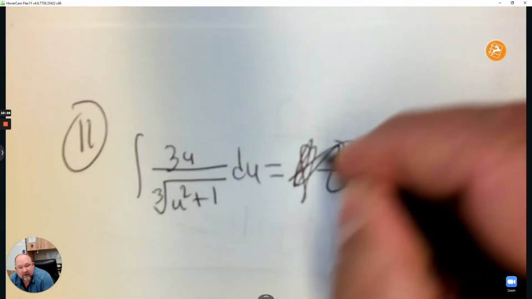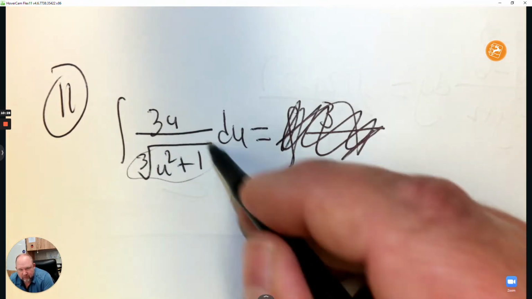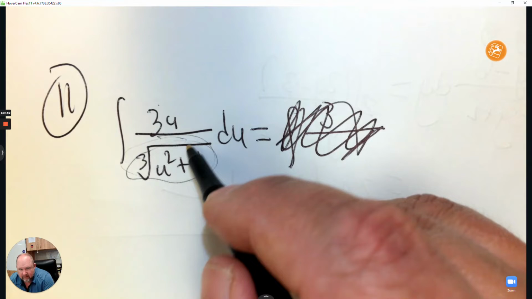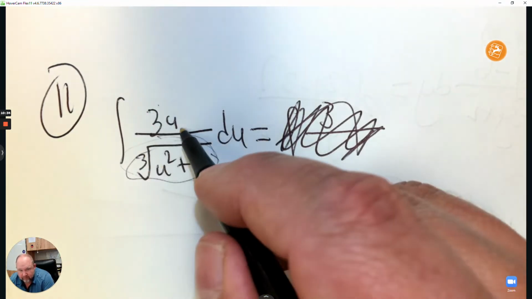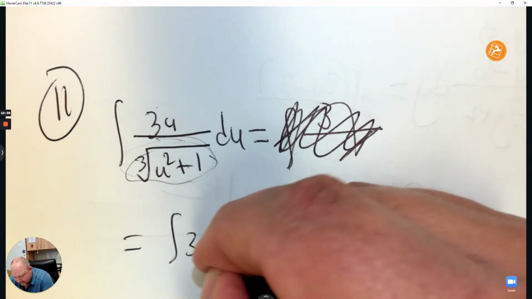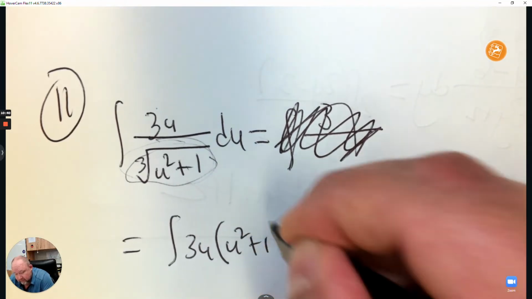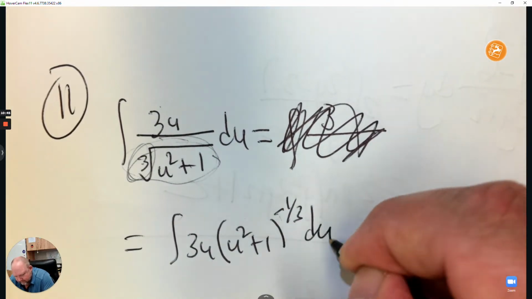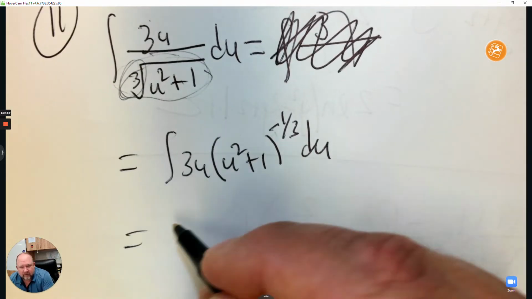Oops. It's not a logarithm because it's a cube root, and the derivative of that is not going to match on top. The derivative of the denominator would be like 1/3 this to the 2/3. It's not going to match. So I need to write it calculus friendly to see where the hook comes from. So that's u squared plus 1. This is 1/3, so it's negative 1/3. And now I can see where the hook comes from.